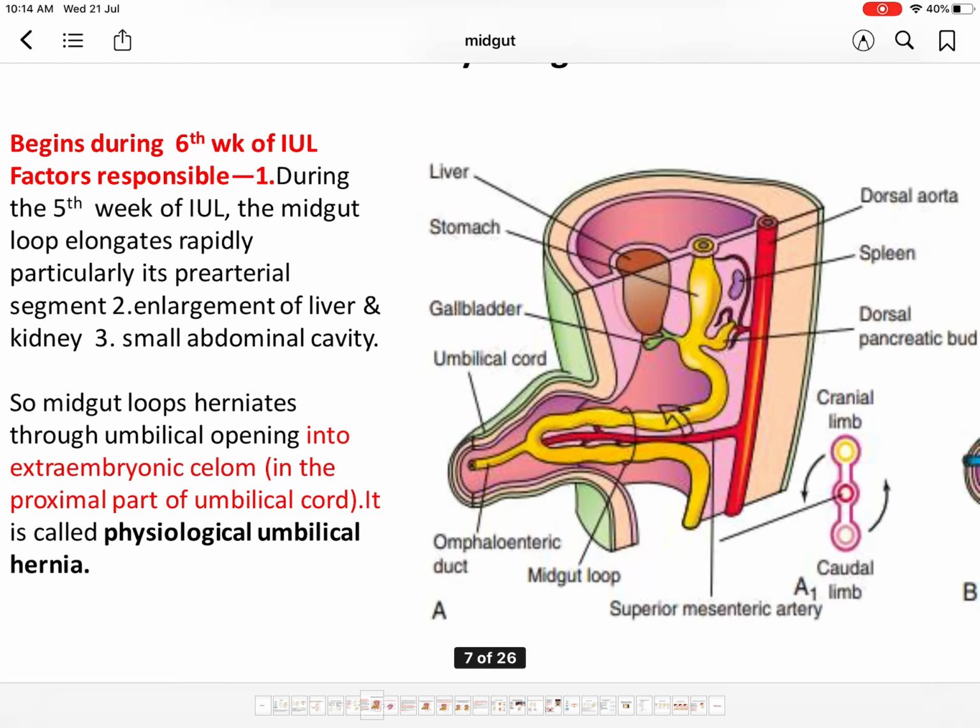Now, coming to the first stage, physiological umbilical herniation. This stage begins during the 6th week of intrauterine life.